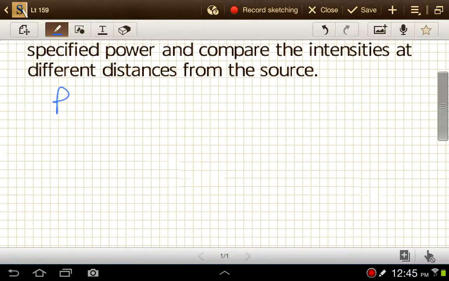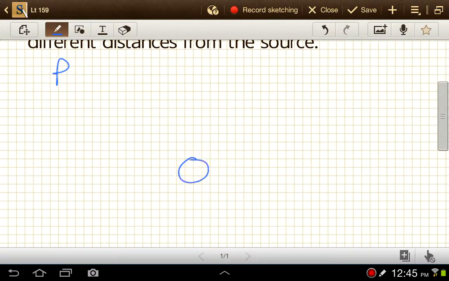So let's say we have a speaker right here that's putting out some sound wave with a power P. And then coming out from that, we'll just look at a few different points in space. So if I were standing at this position, that sound is at that spot where my ear is, but it's also at every other position the same distance away from that speaker as this spot.